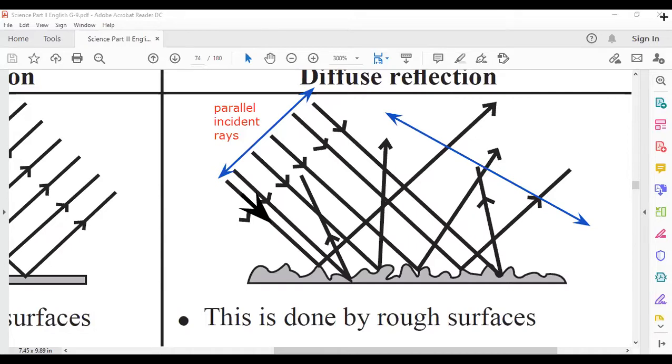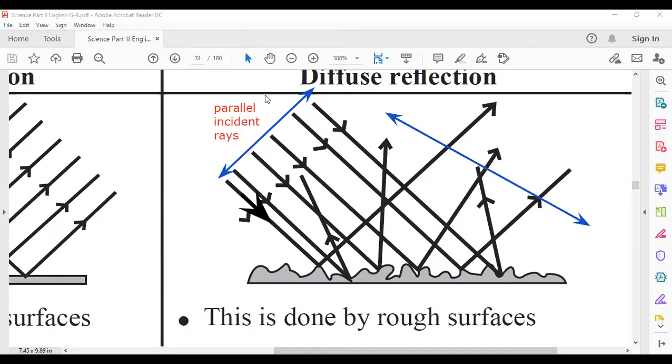Mark it. Okay, completed. Diffused reflecting rays. Mark it down.